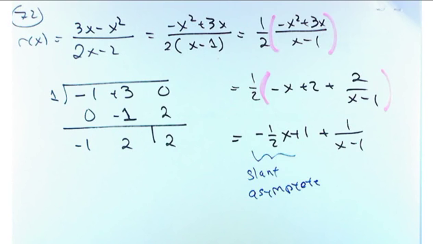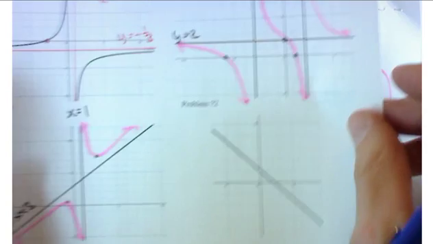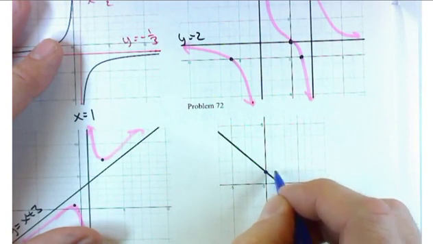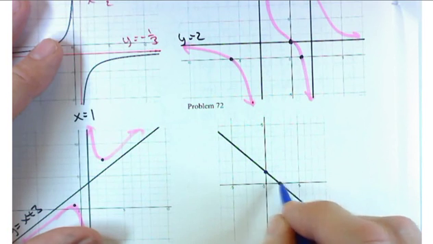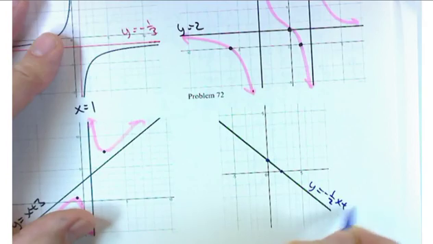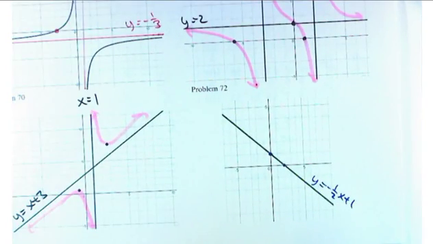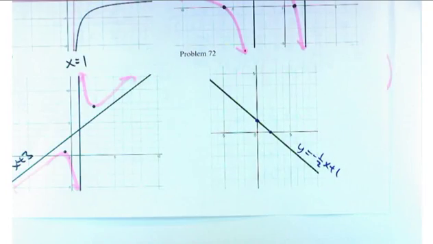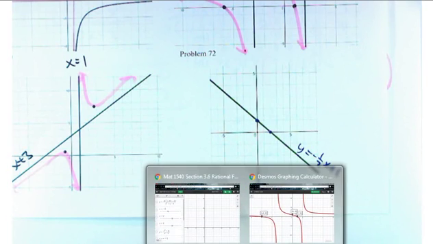Okay, let's see. Yeah, you can kind of see that here. Here's your y-intercept at 1. This point is at 2. So this is your equation, y equals negative 1/2 x plus 1. I think there's a vertical asymptote here at x equal 1. It's not drawn in, but you can figure that out by just looking at the graph.